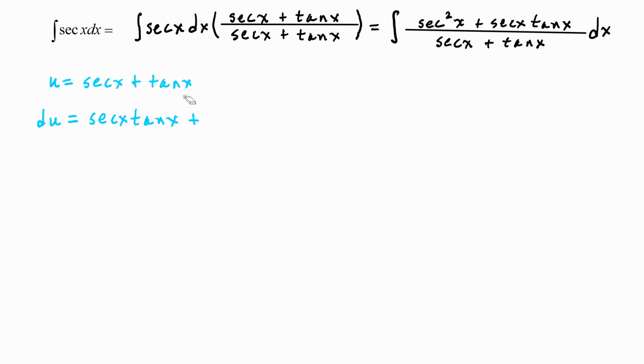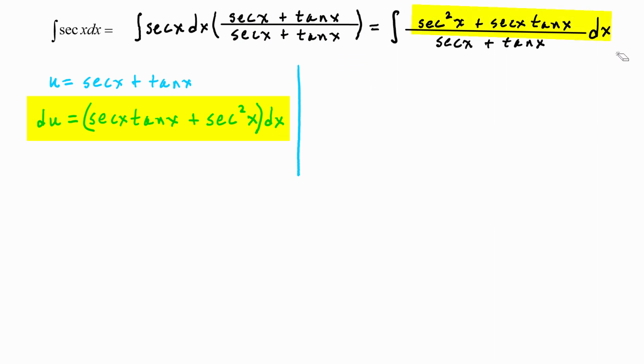And the derivative of tangent of x is secant squared of x. Put that whole expression inside a set of parentheses, dx. Now you can see why we did that, because du, this entire expression here, is already there in our integral.